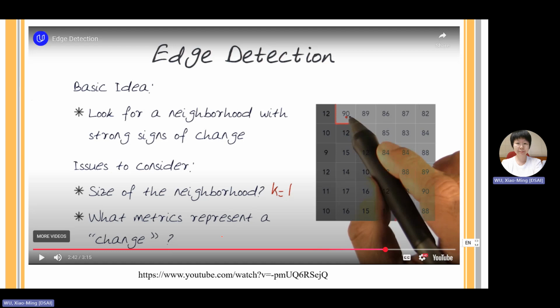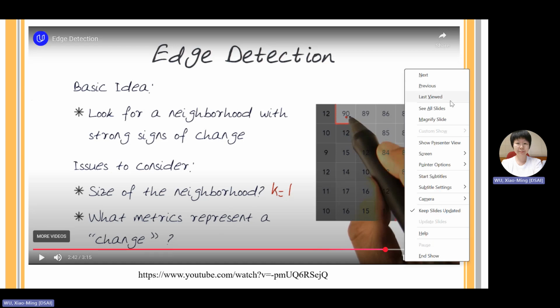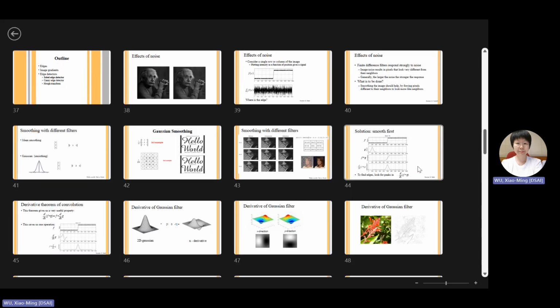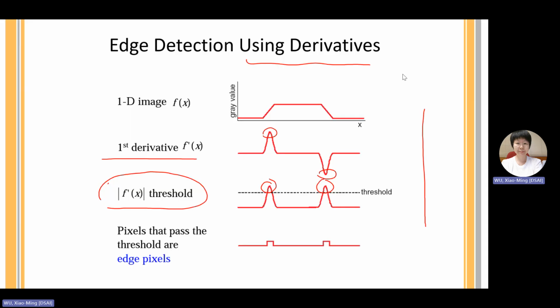This is about thresholding. We need to set up a threshold, and those pixels whose absolute derivative value is higher than some threshold are considered edges.